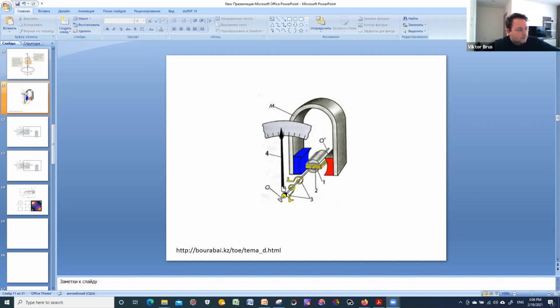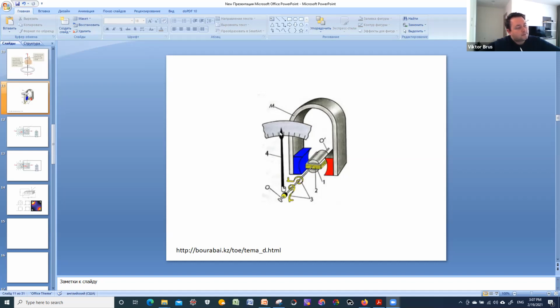And also there is some shaft attached to springs which provide some initial torque and keep this arrow attached to the shaft at the initial position at 0. Then when some current runs through this coil, it generates certain torque because of interaction of electric current in the coil with this permanent uniform magnetic field around the coil.